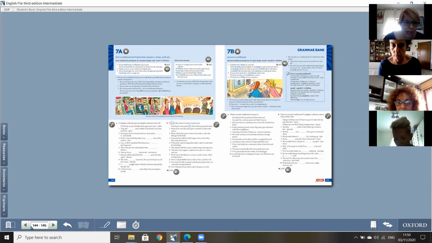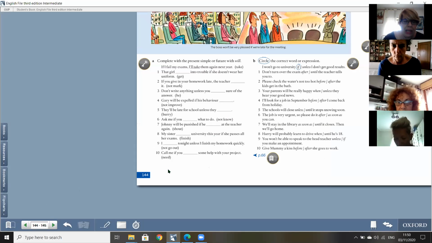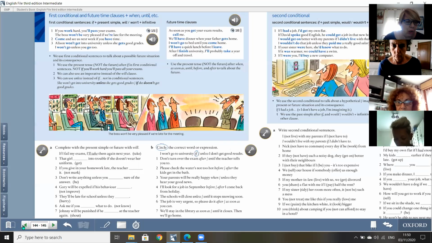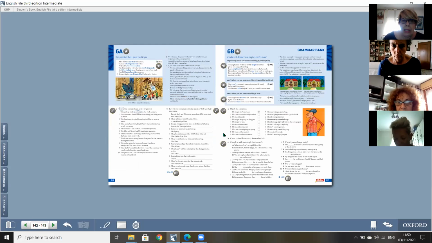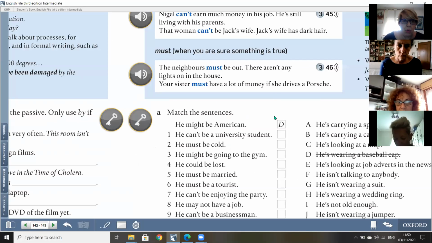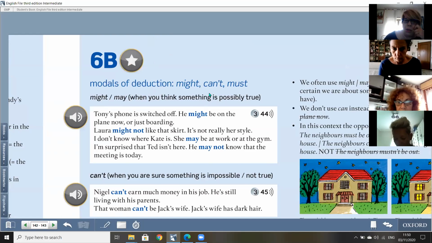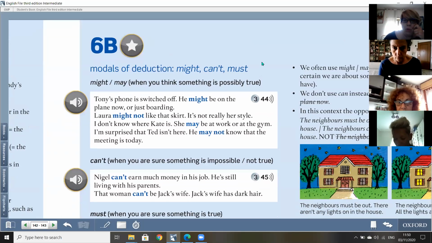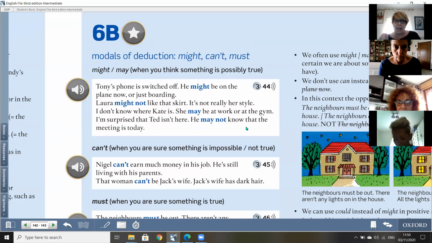Però la cosa importante da fare quando si studia la grammatica è quando noi incontriamo una nuova, ad esempio, i modali di deduzione might, can't, must, automaticamente dobbiamo andare a recuperare tutto quello che sappiamo degli altri modali per collegarli a quelli e per far sì che non restino delle nozioni sparse ognuna singolarmente.